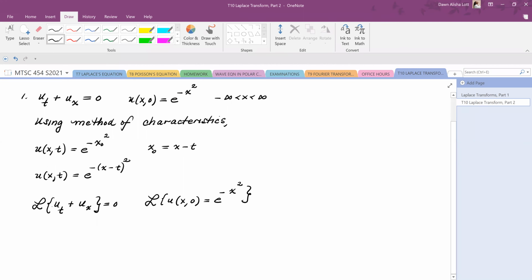All right, so the Laplace transform of the first part of the equation, the Laplace transform of u_t, is s U(x, s) minus, I'm sorry, little u(x, 0), plus U_x(x, s), and that is equal to 0.